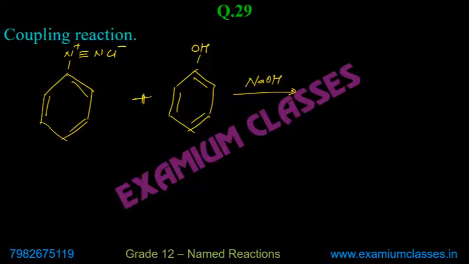Then this HCl, not HCl, rather OH will get attached. I'm writing it slightly differently because I will be able to explain through coupling, because coupling will happen from here. So just erasing, okay?